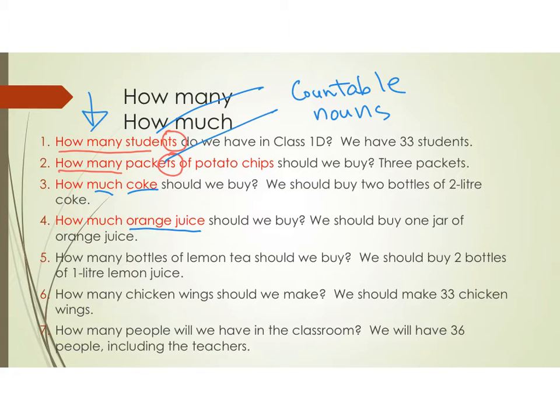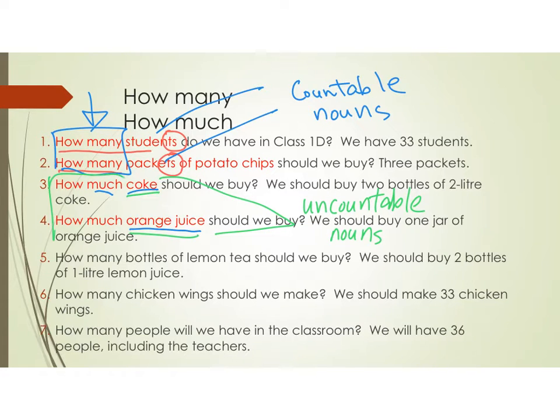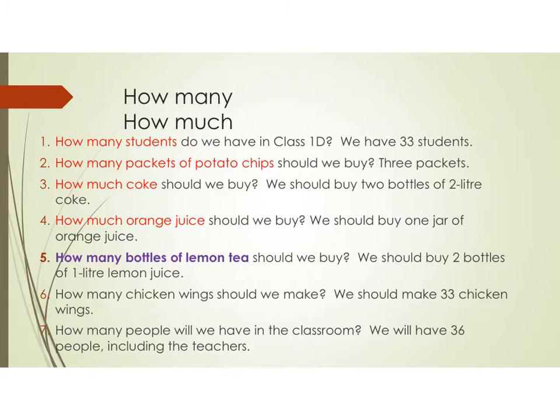Therefore, we use how many students, how many packets of potato chips. But Coke and orange juice are uncountable nouns. 唔數得嘅名詞. That's why we use how much when we say 幾多 in English.